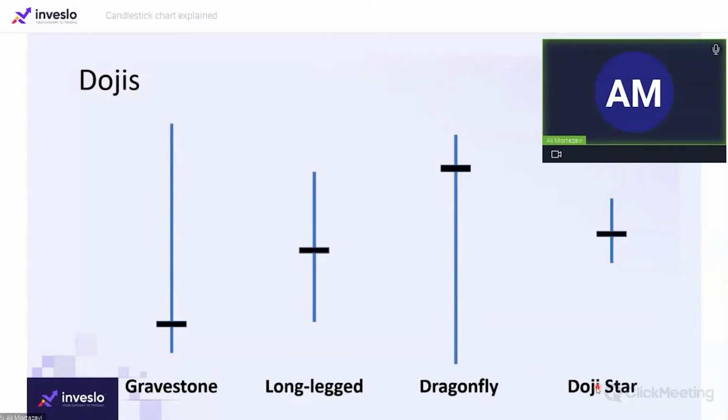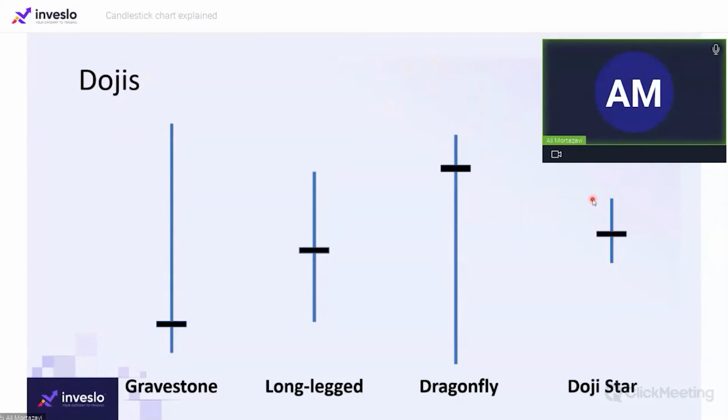But we also have the doji star, which has a very short range and no real body. We have the same open price and close price, and a very small range, which means there is a lack of participation in the market. This is a totally different interpretation of a session.